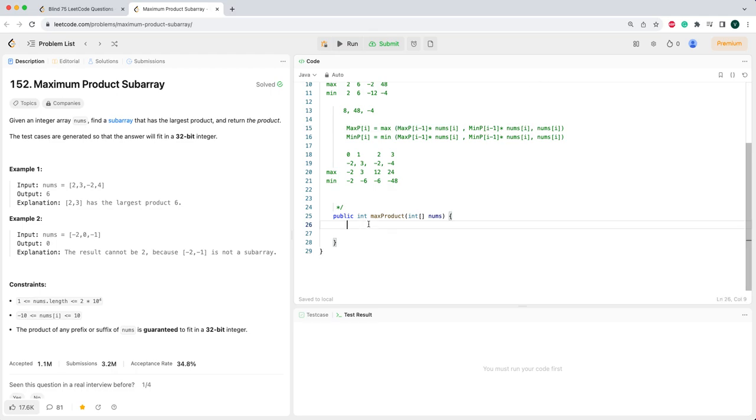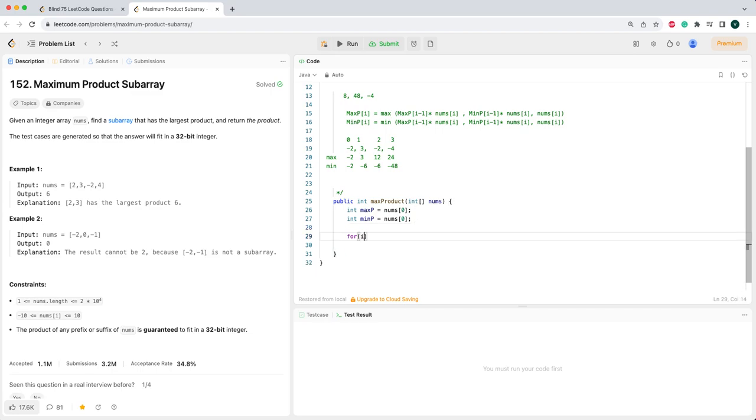For the maximum product, I'll take the max p, which is the nums of 0, and again min, which is also nums of 0, right? And I'll iterate i less than nums dot length. Okay, this starts from 1.